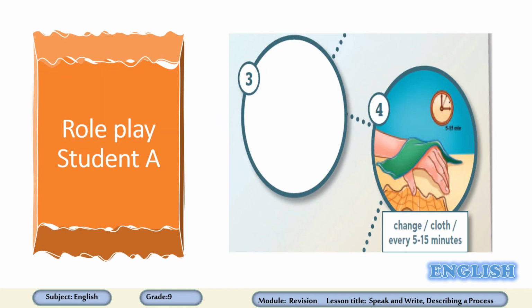Now back to the role play of Student A. He should ask Student B, what is after that? What should we do after that? And Student B should answer according to the picture and the prompt that he has.